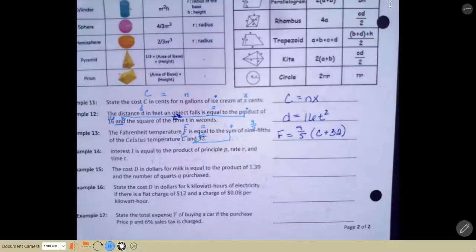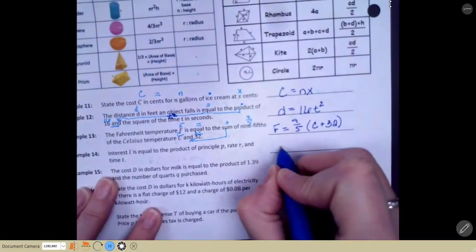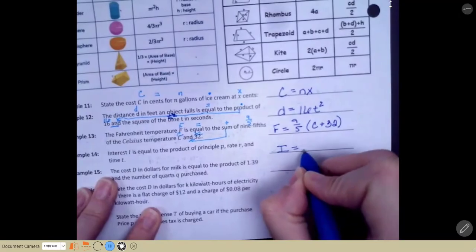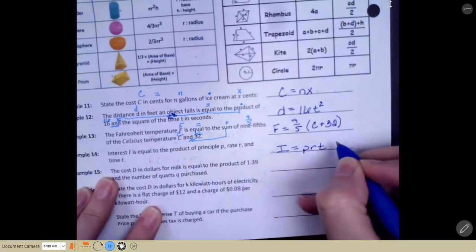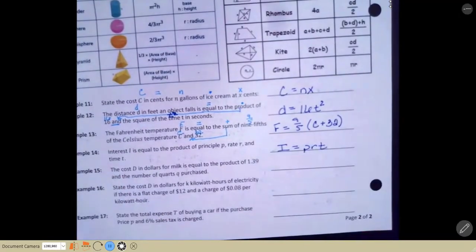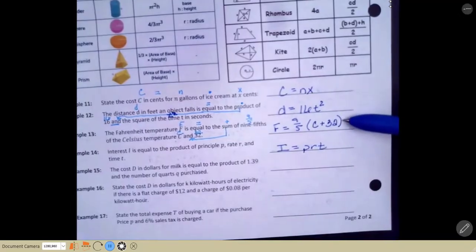Okay, does anyone want to try 14? Go ahead. Yep, PRT. That's an actual formula we're going to be using. This is a degrees formula, distance formula for quadratics.